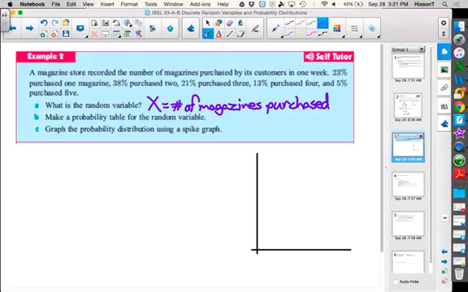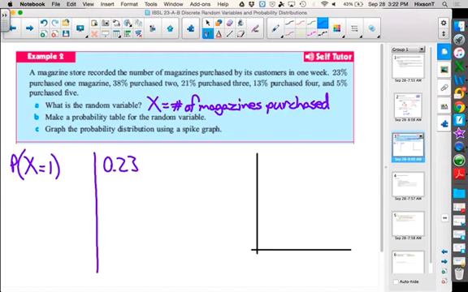So here's where we haven't actually seen one of these, but I mentioned it, the probability table. What you'll do with the probability table, we're going to say the probability that our random variable x has the value 1 is what? 23%, 23 out of 100, 0.23, however you want to write that.